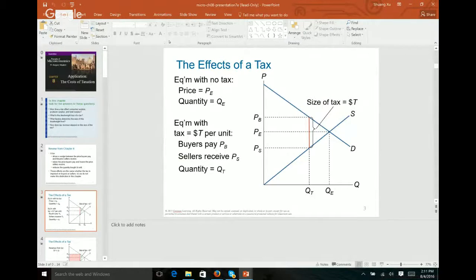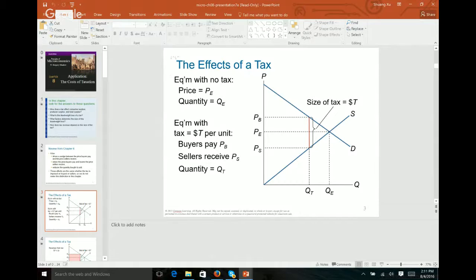So for this market over here, before tax, our equilibrium price is at PE, and the quantity is at QE. But with tax, you're going to have a wedge between how much the buyer pays, which is PB, and how much the seller receives, which is PS. So this vertical distance is the size of the tax.